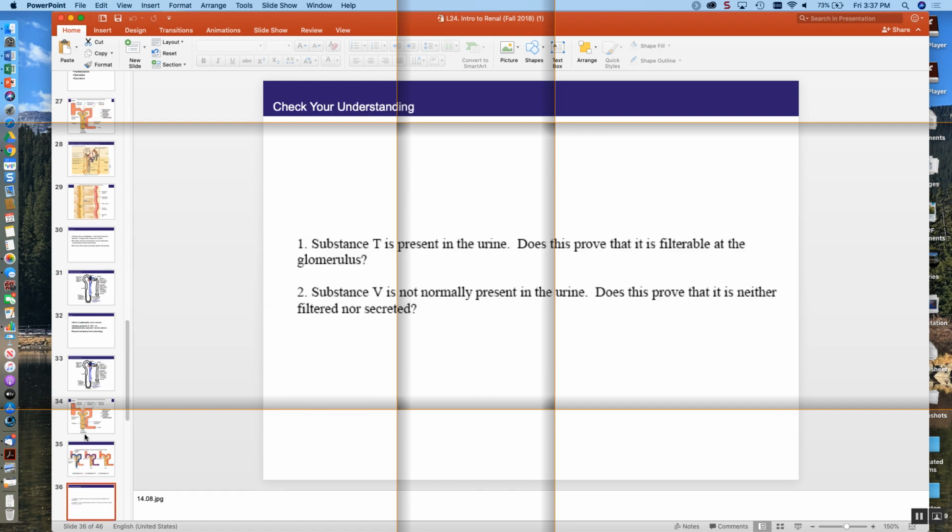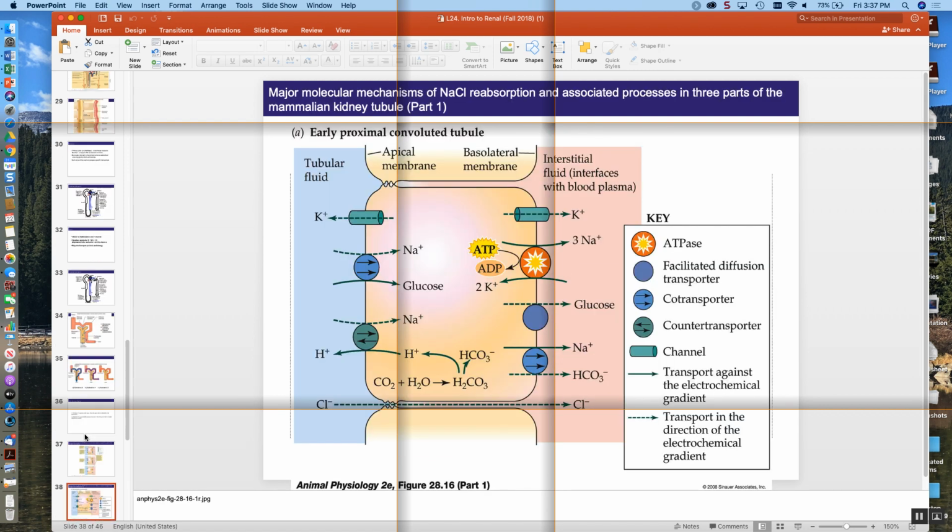Pretty good? All right, so here's where we're really zooming in on those epithelial cells, right? Essentially what you're looking at here is the proximal tubule. And the reason why you know that is this co-transporter right here. Remember, the proximal tubule is all about reabsorption. So glucose enters into the cell.